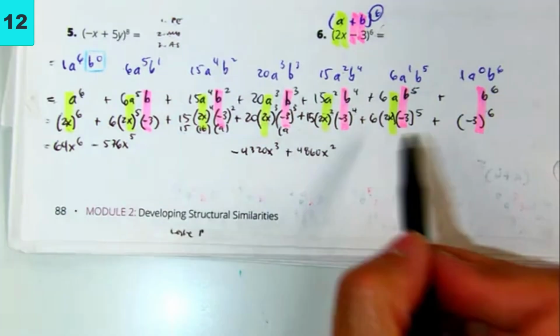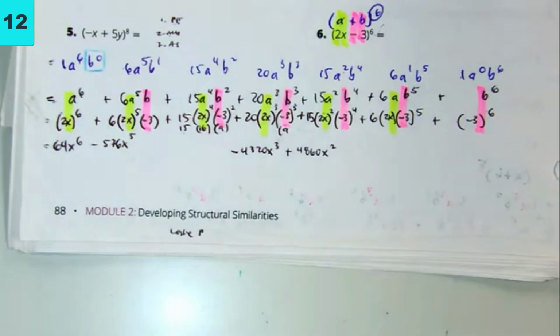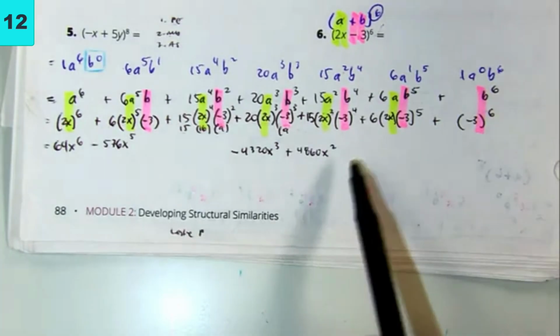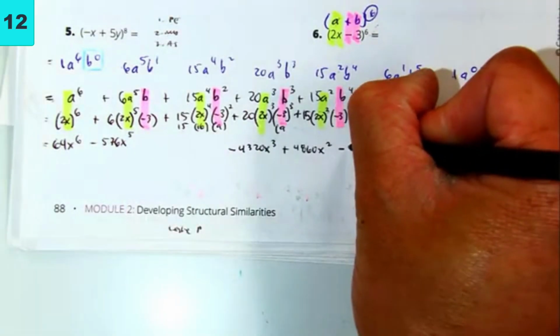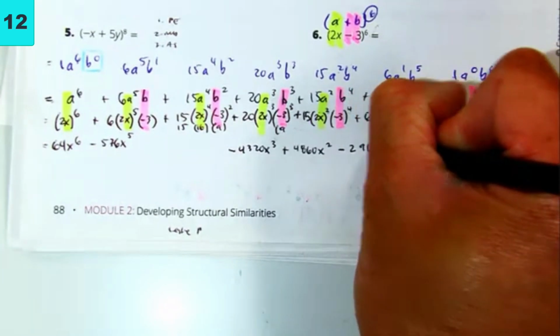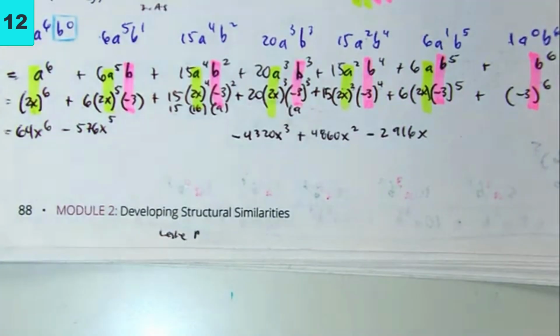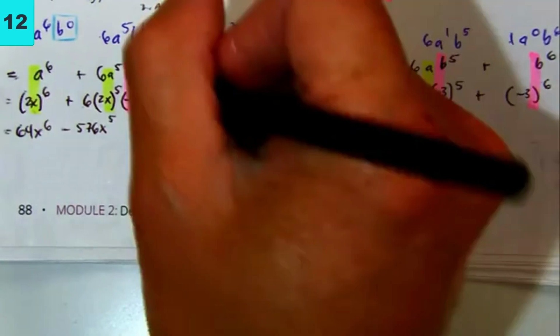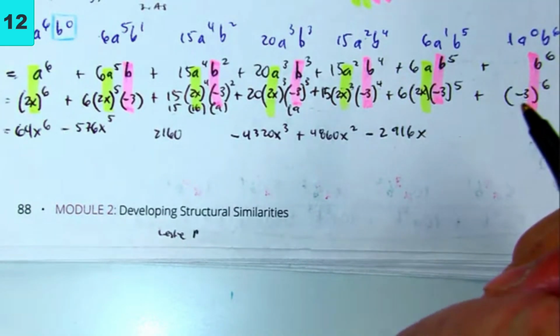Jenny. Ariana. Negative. Correct. Let's see, you got yours? 2,160. x to the what?